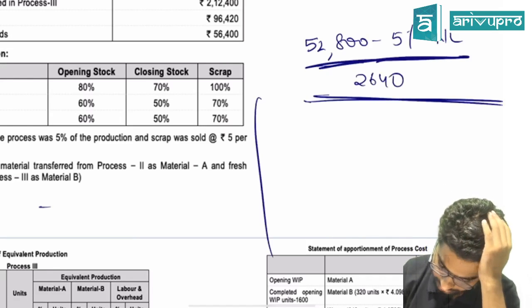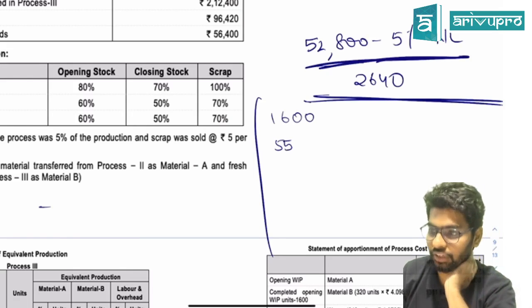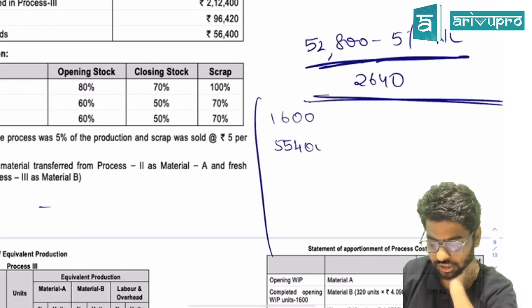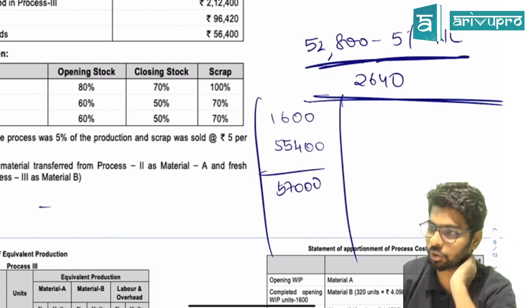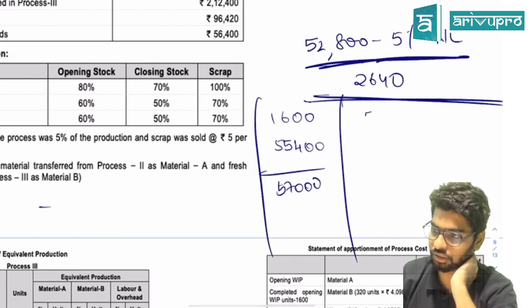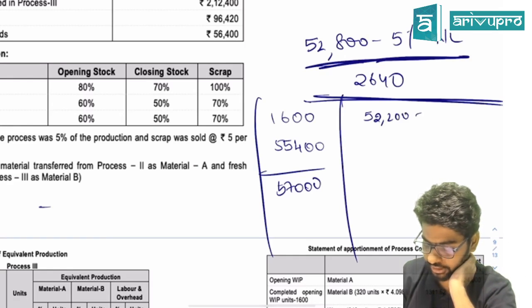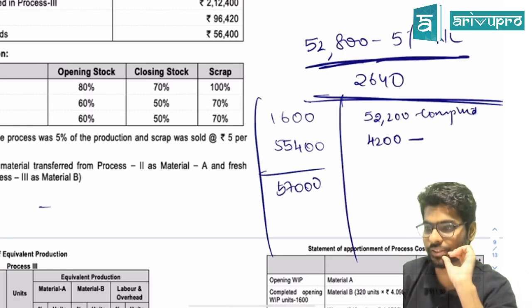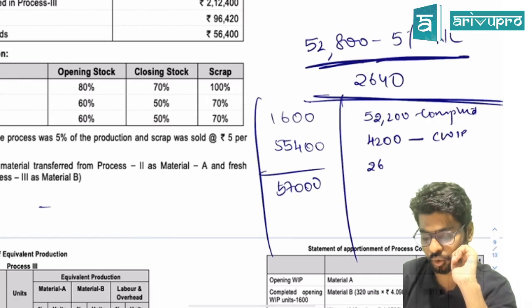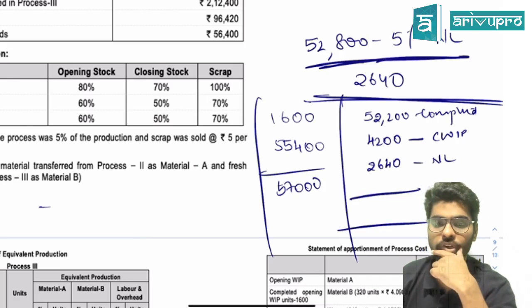Now see here, on my input I have 1,600, 55,400. So total input is 57,000. My output I have 52,200 completed. 4,200 is my closing WIP. 2,640 is my normal loss. Do the total of input and output.